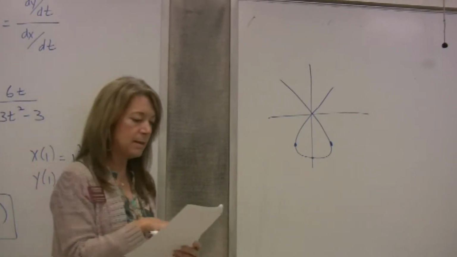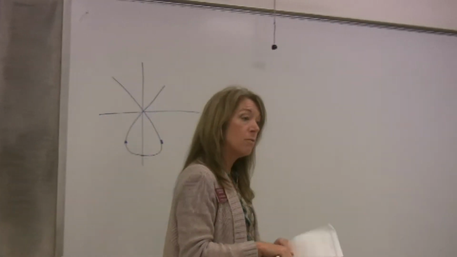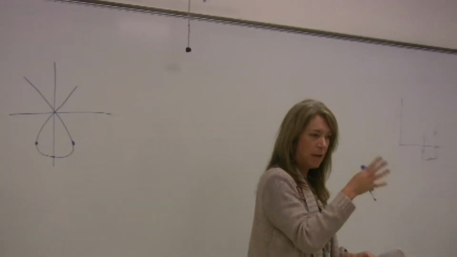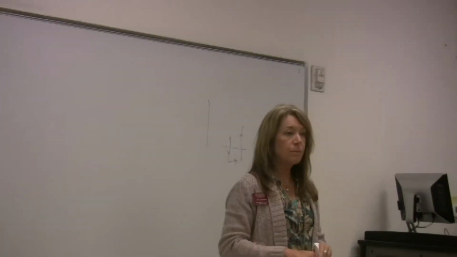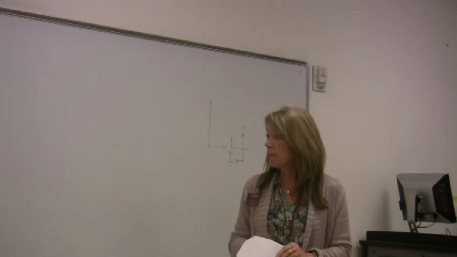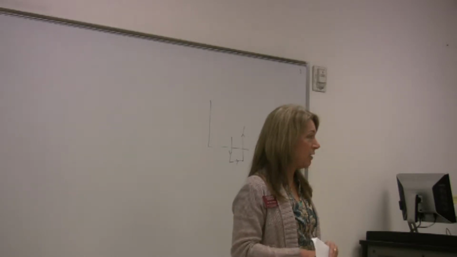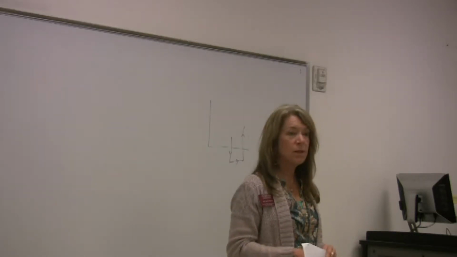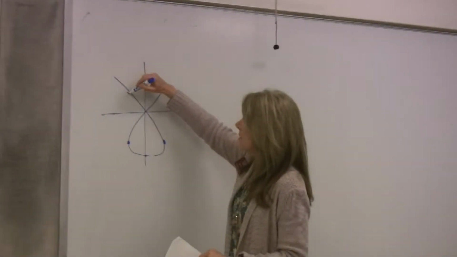Change your t values. Go into your window and have your t start at some negative number and go to a positive number. You got it now? Anybody else having trouble getting that graph? What's the direction? Where did it start? Top of it. Started here? So it's this direction?